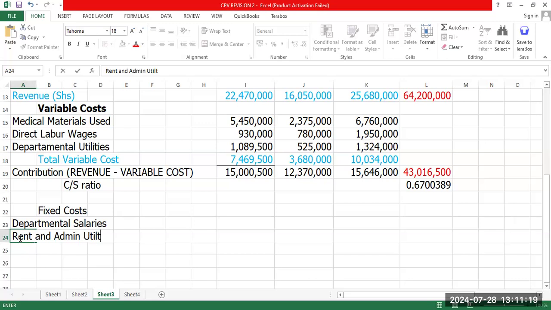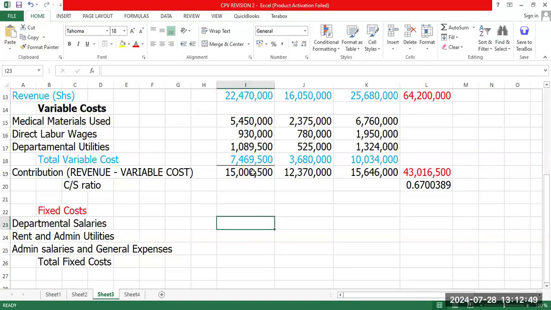These are rent and administration utilities, which is a separate item. Then this is admin salaries, and departmental salaries.